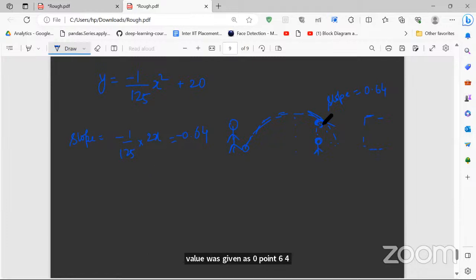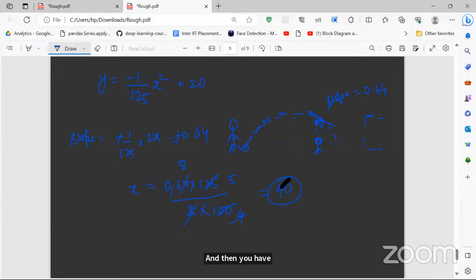Now can you calculate the x coordinate at this point? You can calculate it, right? What is the value of 0.64 multiplied with 125 by 2? Correct? So you are getting some 40.